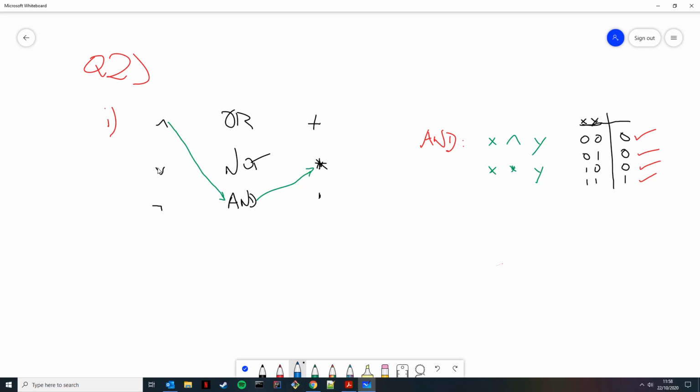So we have a V, almost like the alphabetic V. This means or, which is the same as plus. Let's do or: x or y.